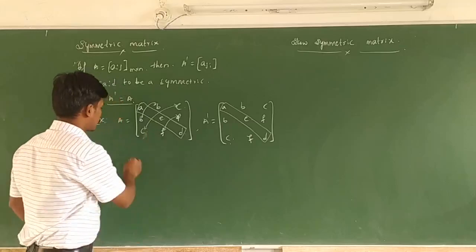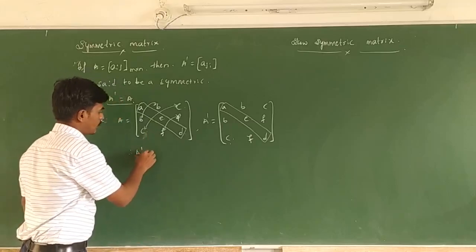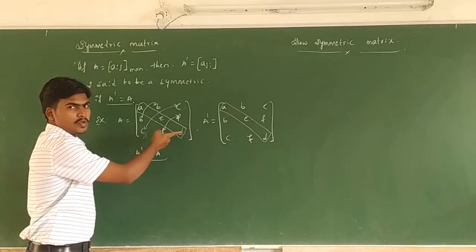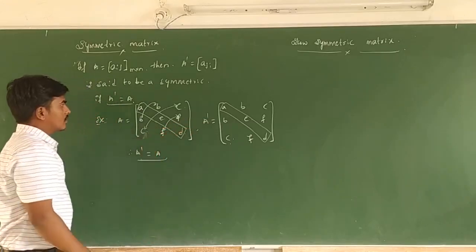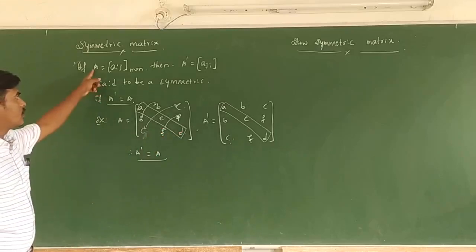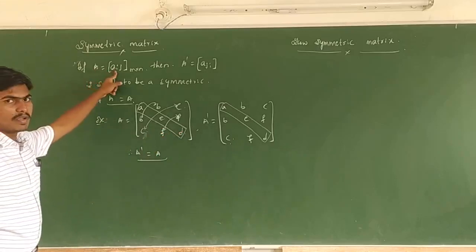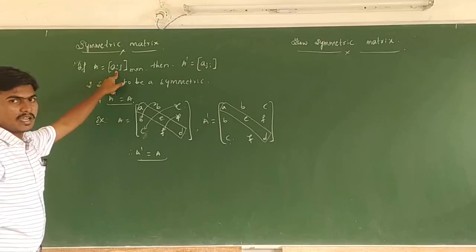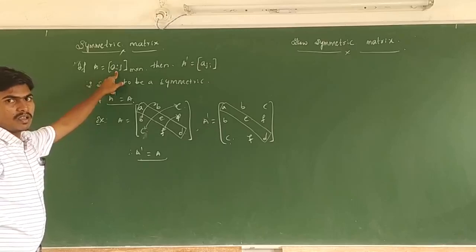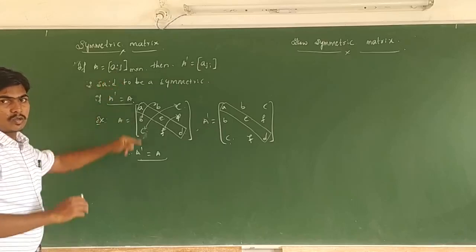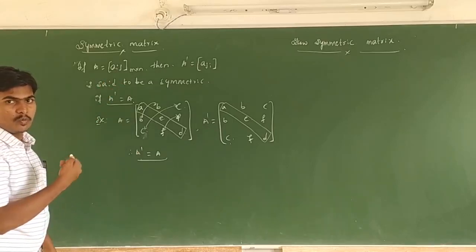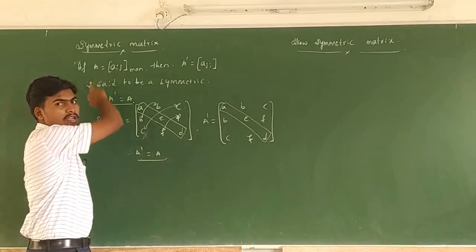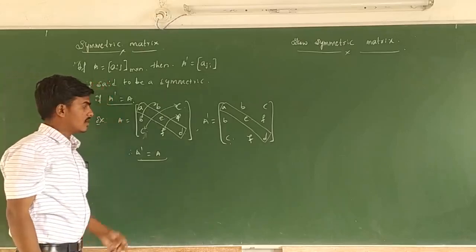Therefore A transpose equals A. If A equals Aij of order m by n, then the transpose of A is Aji; we just interchange the rows into columns, and if the new matrix equals the given matrix, we call the given matrix a symmetric matrix.